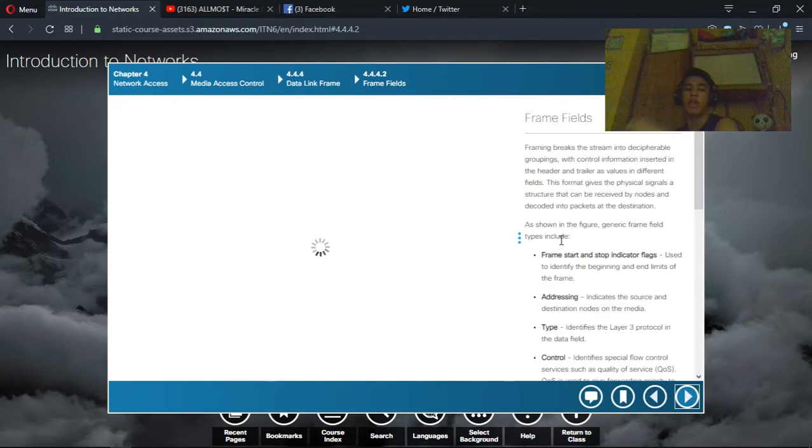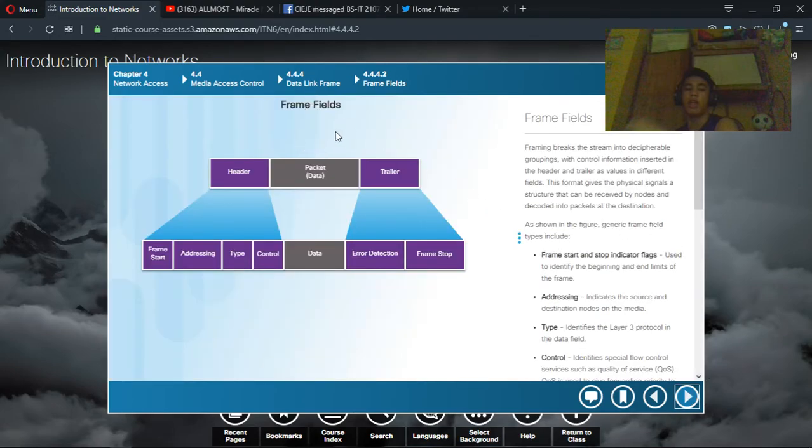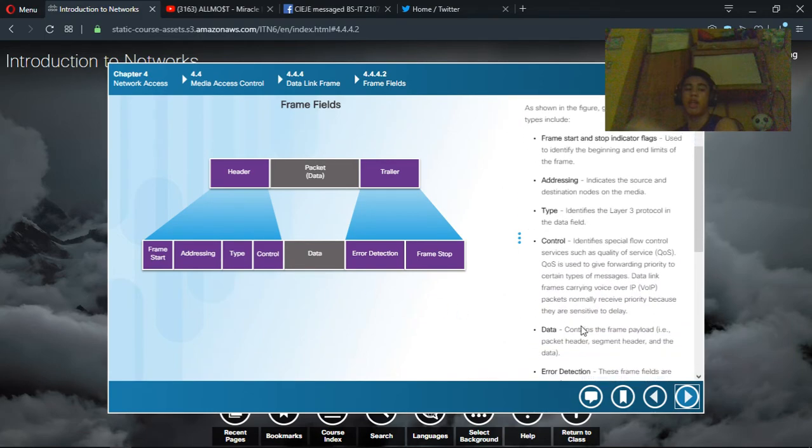Next, frame fields. Frame fields always have a header, packet data, and trailer, because the frame encapsulates the packet data to become a frame. The header is composed of frame start, which flags the beginning; addressing, which indicates the source and the destination; type, which identifies the layer 3 protocol in the data field; and control, which is the QoS or mostly flow control.